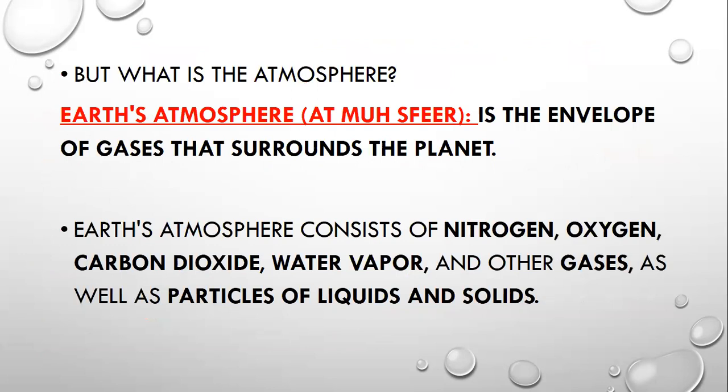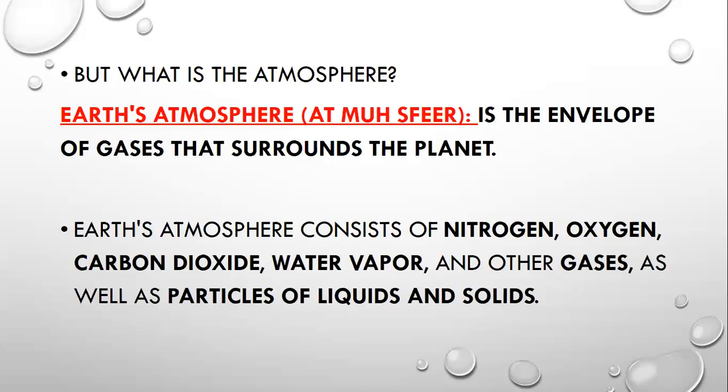But what is the atmosphere, guys? The Earth's atmosphere is like a big envelope of gases that surrounds the planet itself. It consists of some main gases like nitrogen, oxygen, carbon dioxide, water vapor, and other gases also called trace gases.